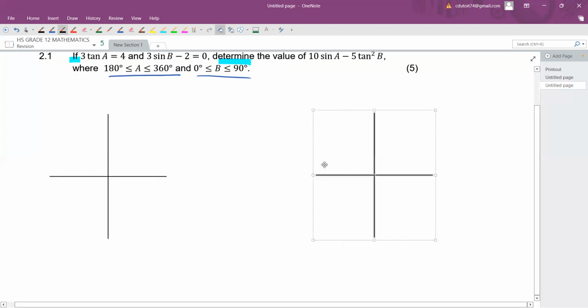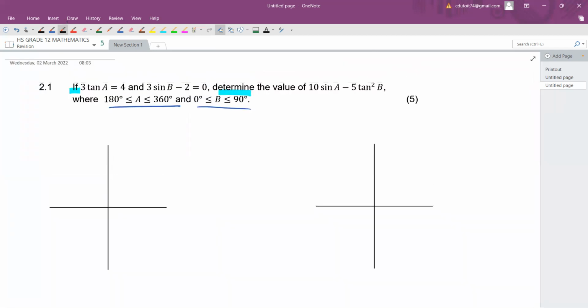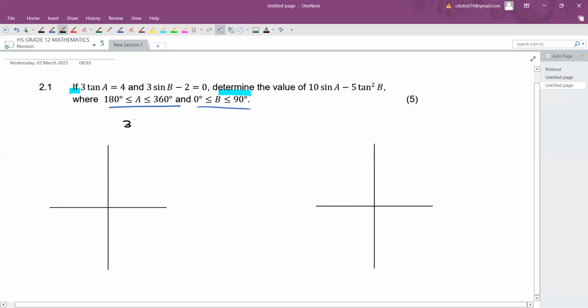Let's take the first one, where we have 3 tan A equals 4, and therefore tan A equals 4 divided by 3. And I have to work anywhere between 180 and 360 degrees. So I'm going to be working in the third quadrant, because tan is positive in this quadrant. So my triangle is going to go there, and this is angle A.